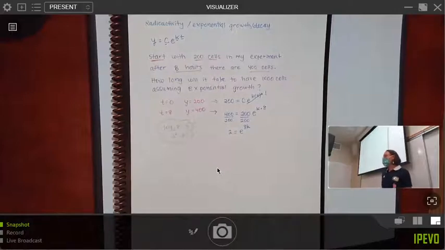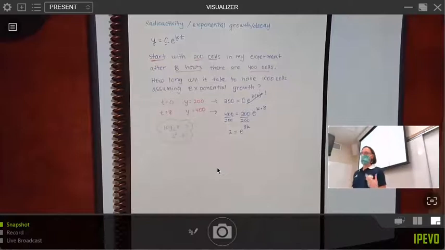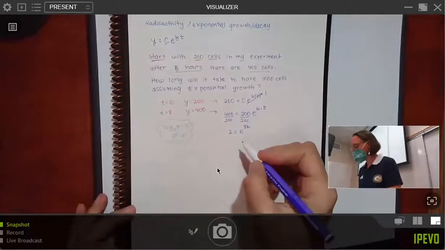So similarly to being able to divide both sides of an equation by the same number or add or subtract the same thing to both sides, I can log both sides of the equation and not change the equation.